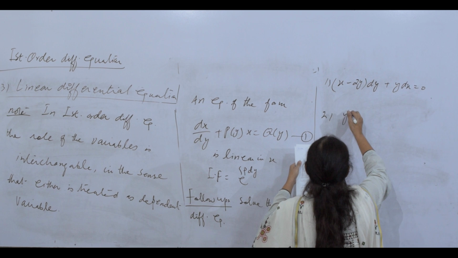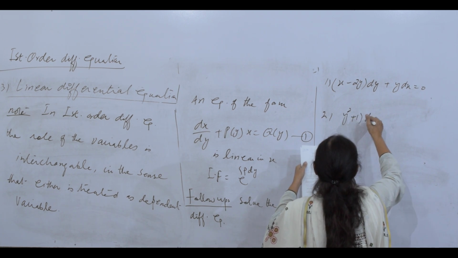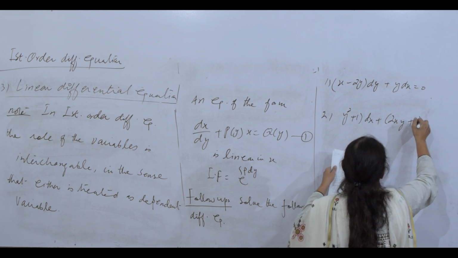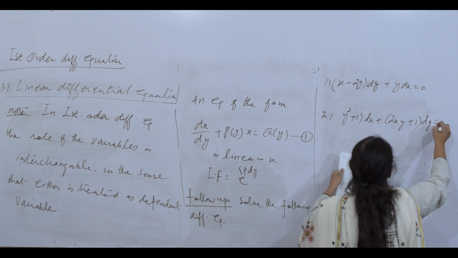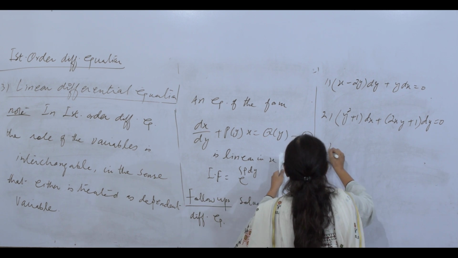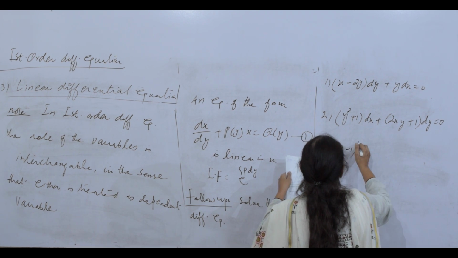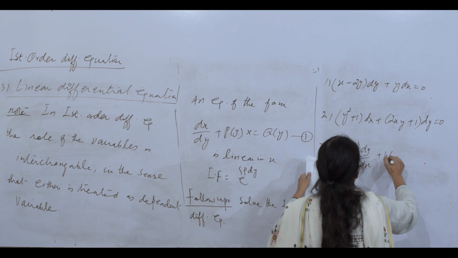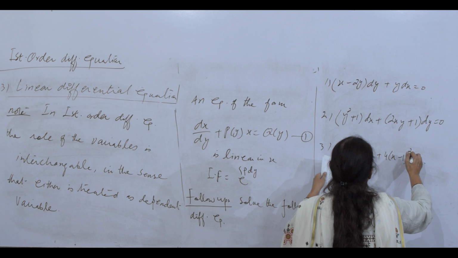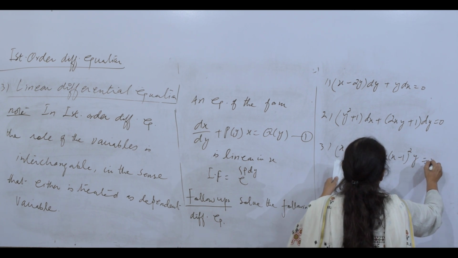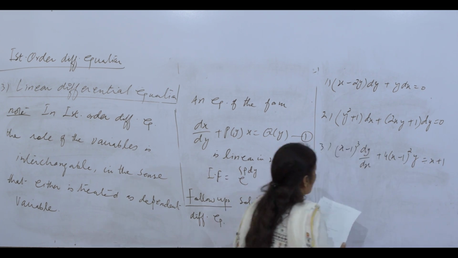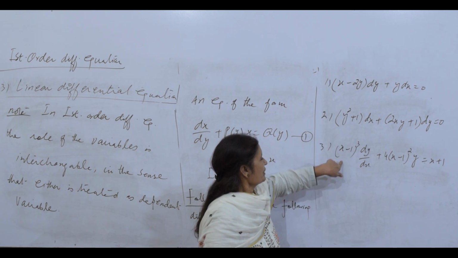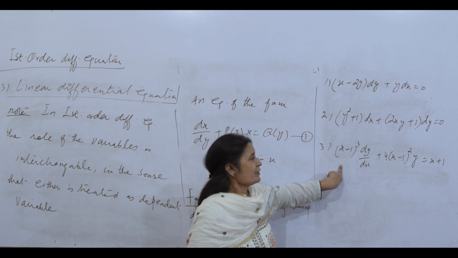Number 2, (y square plus 1) dx plus (2xy plus 1) dy equal to 0. Number 3, (x minus 1) whole cube dy by dx plus 4 (x minus 1) whole square y equal to x plus 1. So let's have these equations 1, 2, 3. You have to find the solution of the differential equation.